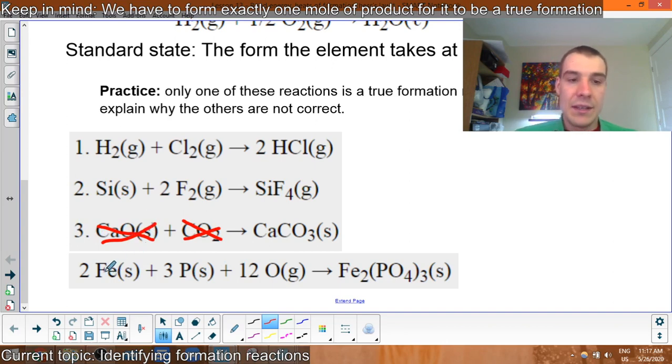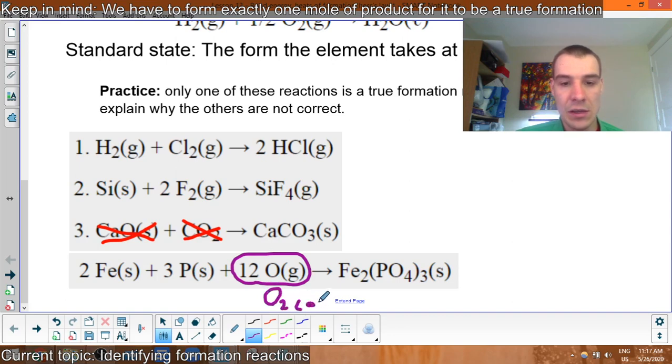Down here, the standard state of iron is solid. Phosphorus, standard state is solid. And oxygen here, we have an issue. It is a raw element, but oxygen exists as O2 gas.